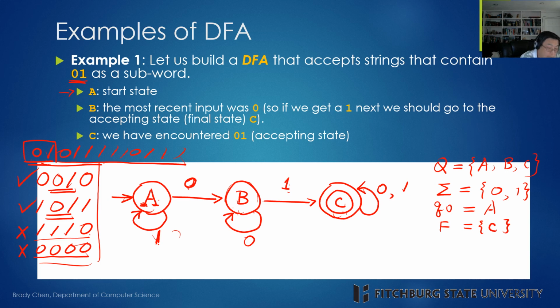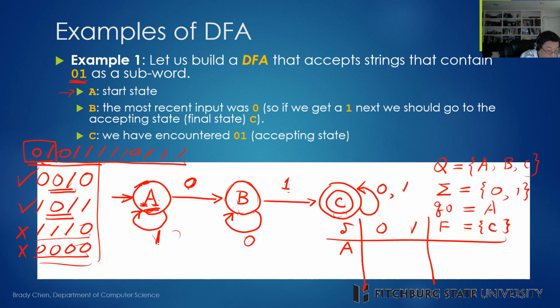Now what's the transition function, delta? We can actually build the delta. So let's say for delta, if the initial state is A, then we look at the two different inputs, right?